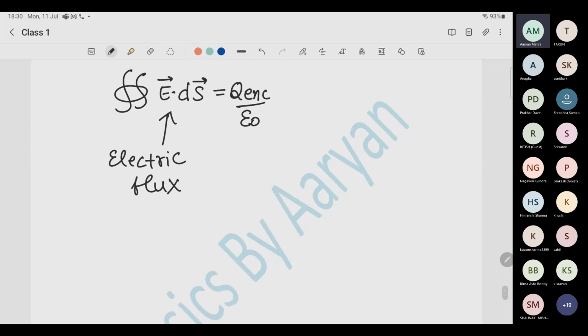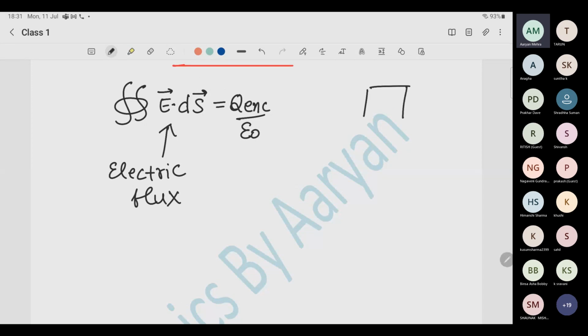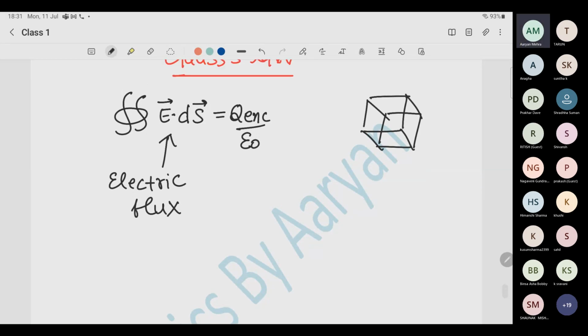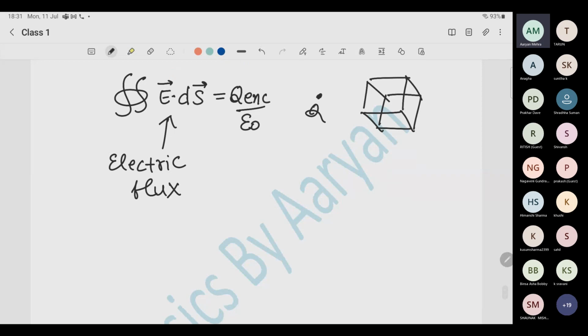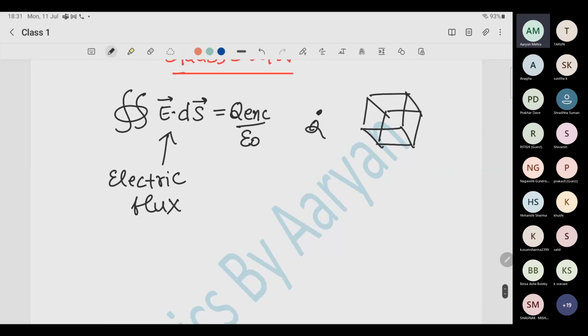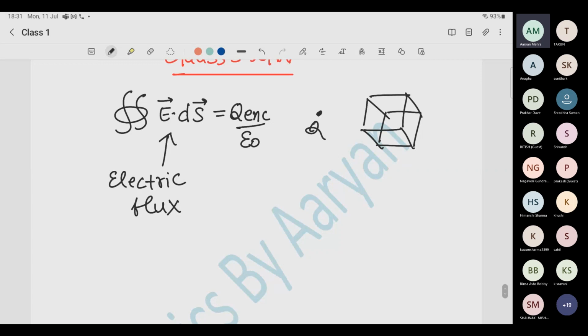So how much of the electric field is passing through any closed surface? Let's say you have a closed surface. This is your closed surface. And what is the net electric field passing through it? Now I have a good question for you. If I have a charge Q outside it, according to Gauss law the net electric flux passing through it should be zero. Why should it be zero? Let's imagine that. This Q has flux lines, meaning electric field lines, like this.